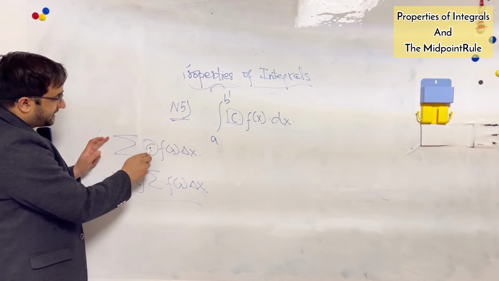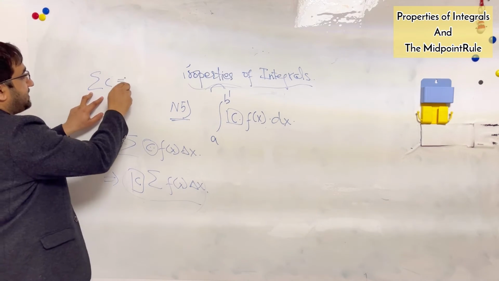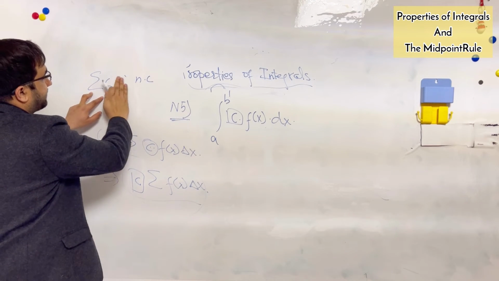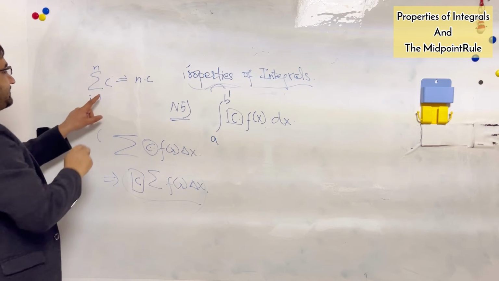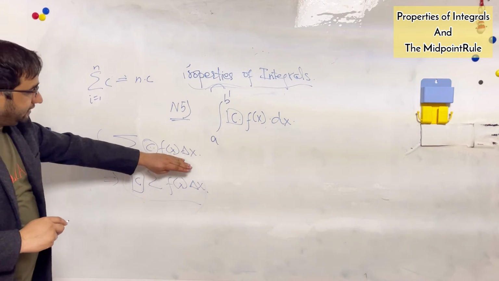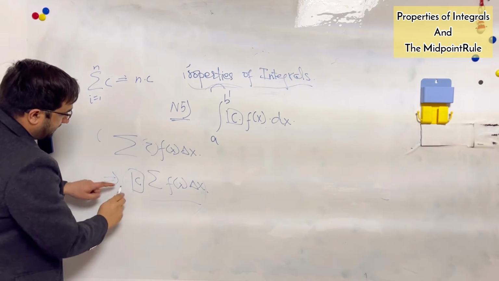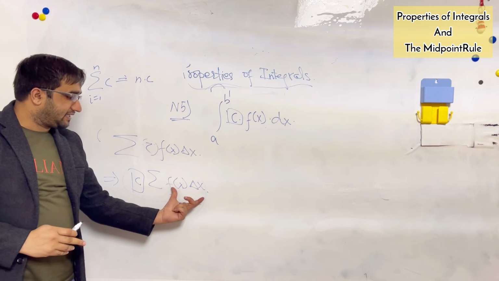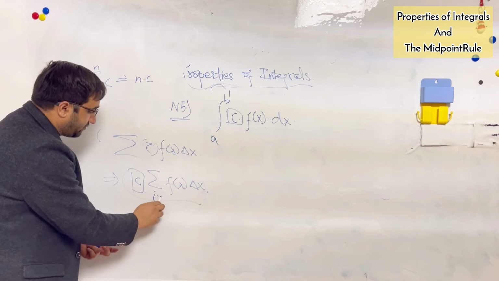The purpose of summation on c is what? When you write summation c, it simply means n times c. Summation i from 1 to n c, what does this mean? It means n times c. Now, even if you keep this c here outside, still whatever is left, you will do something on it n times, i from 1 to n.